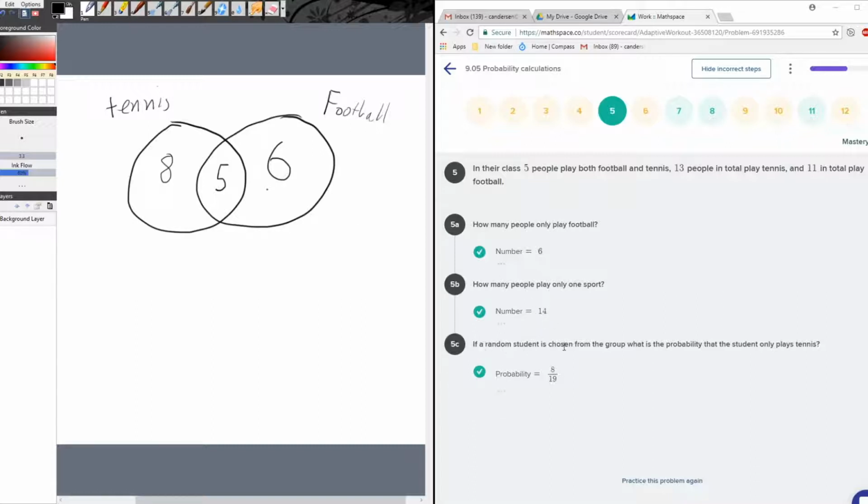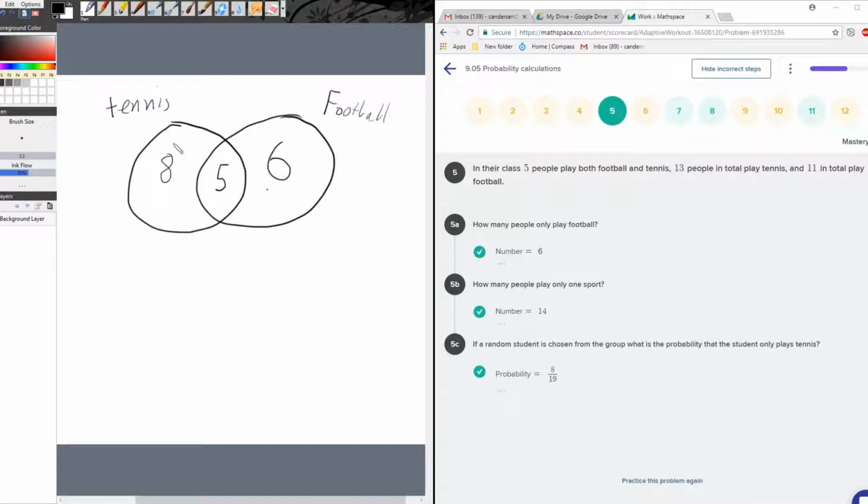If a student is chosen from a group, what is the probability that the student only plays tennis? Well, we know that the word only has been used, so we must be looking at just this part on the outside of the tennis circle. And it asks for a probability, so that means that we need a fraction.